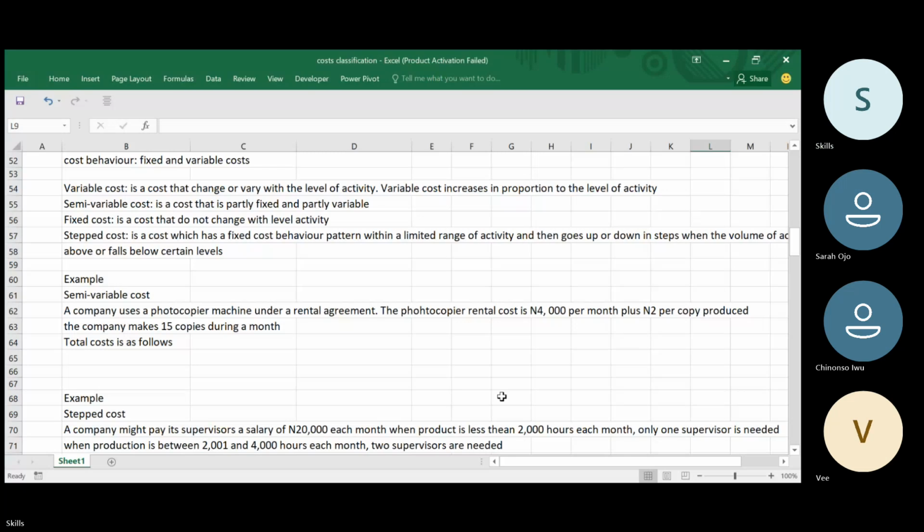So now, if you look at it, the fixed component of this is 4,000. The company pays 4,000 naira per month. Then per copy is 2 naira. And in this case, the company makes 15 copies during the month.